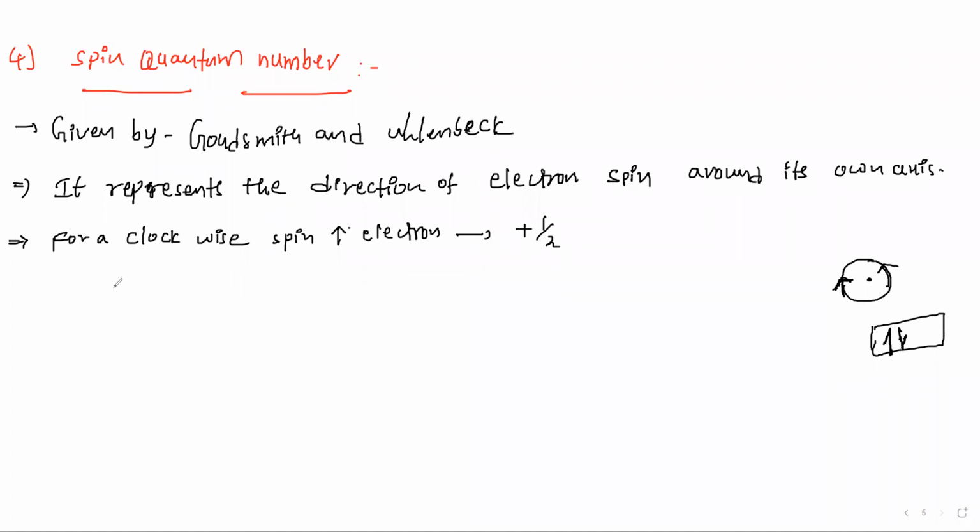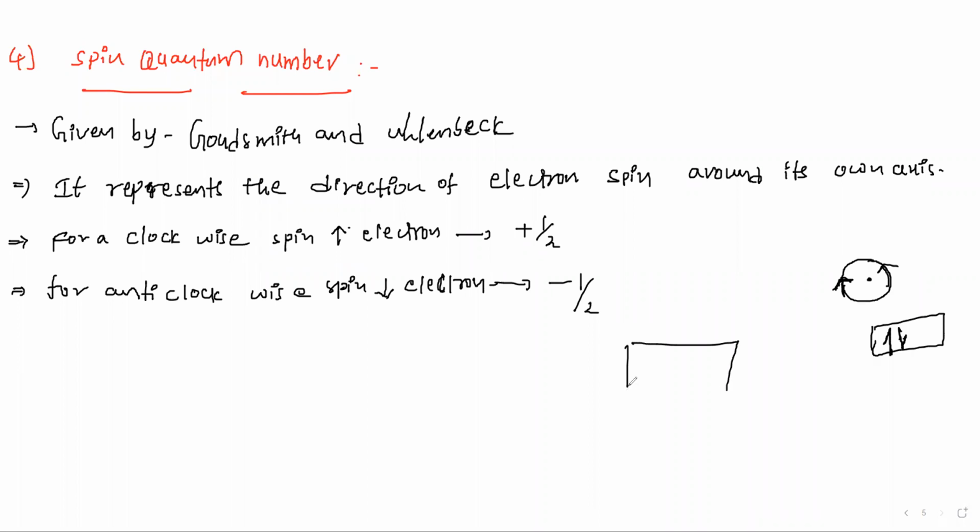For an anti-clockwise spin, a downward electron, that is minus half. For example, this is an orbital.